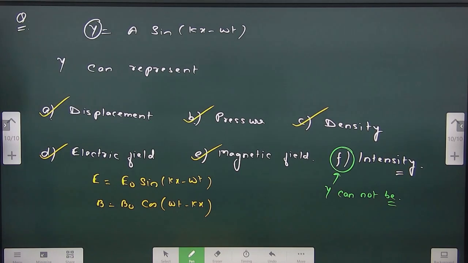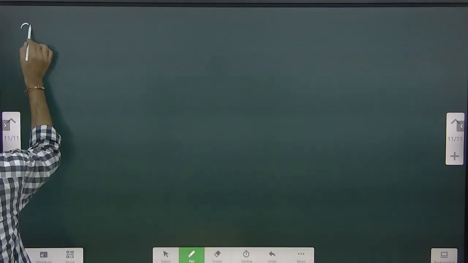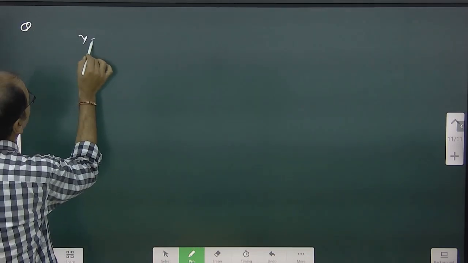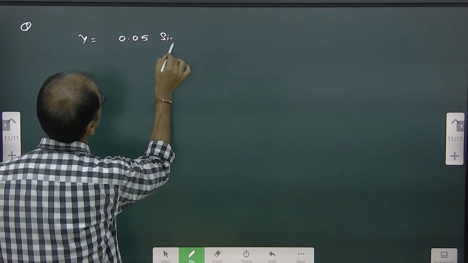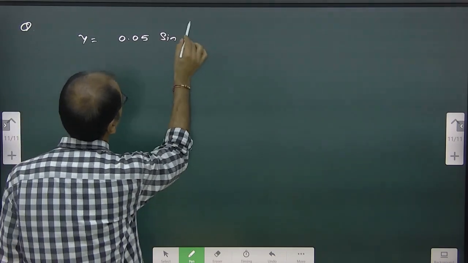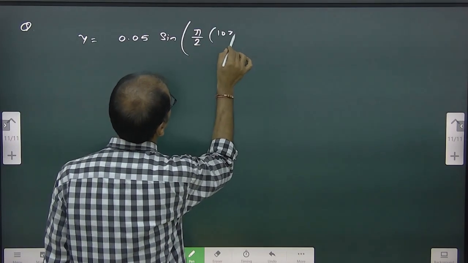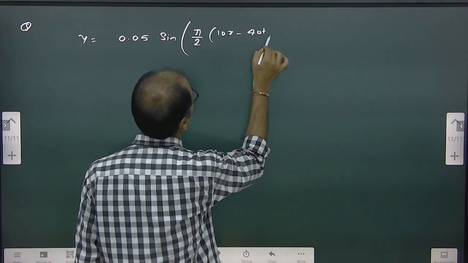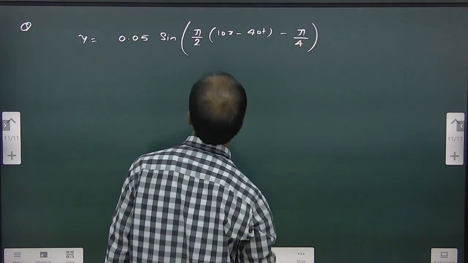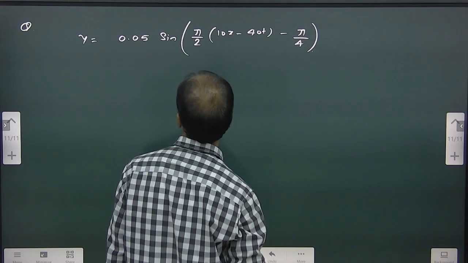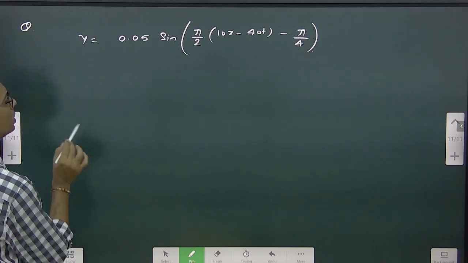Okay, now one question I am writing. y equals 0.05 sin(pi by 2 into (10x minus 40t) minus pi by 4). This is one equation I have written. First is a very simple question that we'll do.